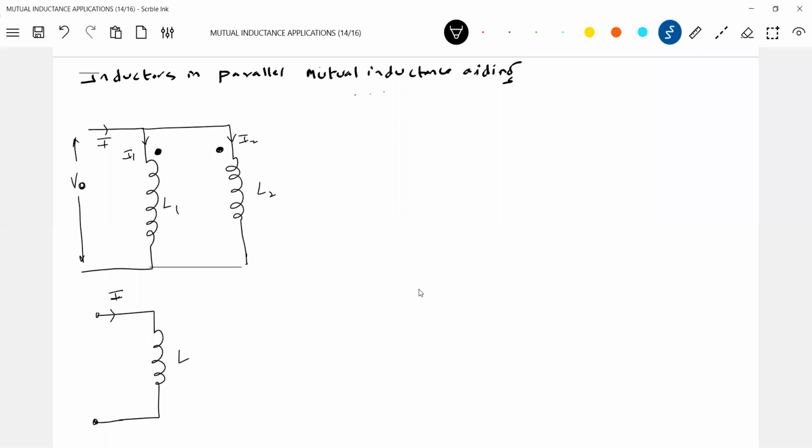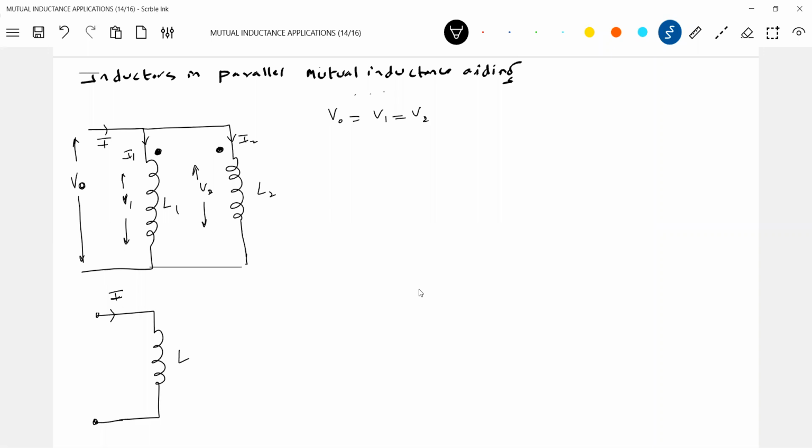That's what he's saying. Now what is the drop across the inductor? Because they're parallel, they should have same potential difference. So V0 should be equal to V1 equal to V2.